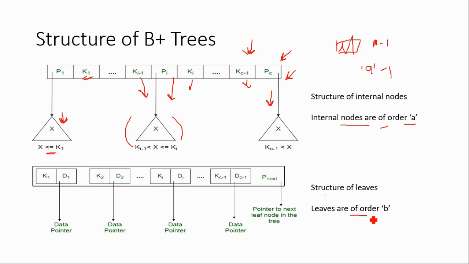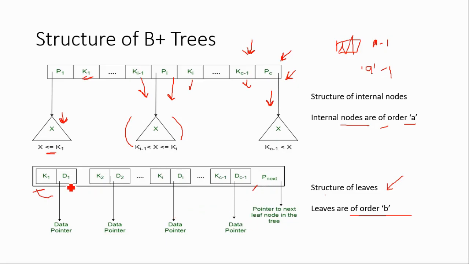Leaves are of order B. So in the case of B trees, the leaves and the internal nodes have the same order, but in the case of B plus trees, the leaves have another order, which in this example is B. So this is the structure. Otherwise it's mostly similar, but the number of elements which can be held is B minus 1.